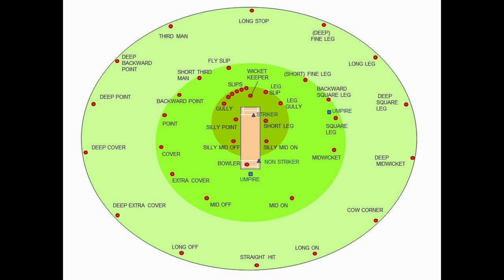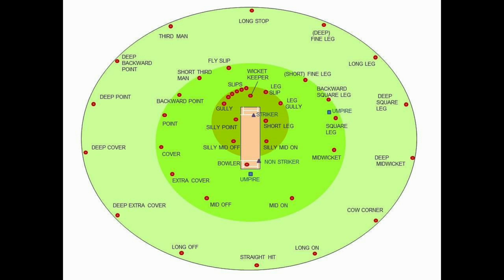And so backward kind of means behind square, because square is like right 90 degrees, and so backward point is a little bit behind the batsman, I guess, from point. And the same is true, that symmetry of backward square leg, right? Remember, we said square leg and point are kind of symmetrical, and so backward square leg and backward point are also a little bit symmetrical as well.